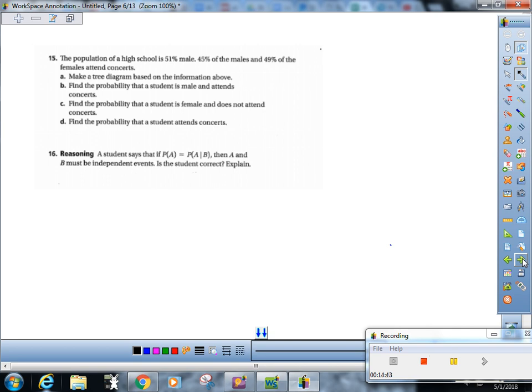Number 15. The population of a high school is 51% male, 45% of the males and 49% of the females attend concerts. Make a tree diagram. So first, we can have males and females.